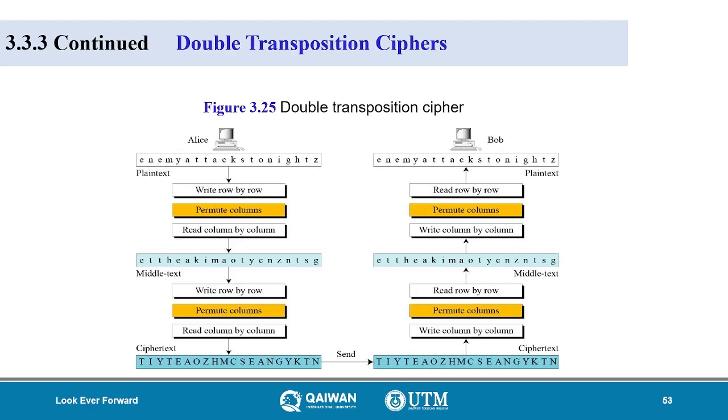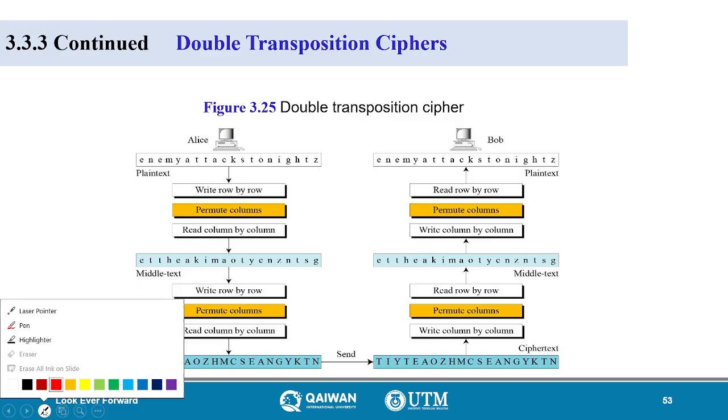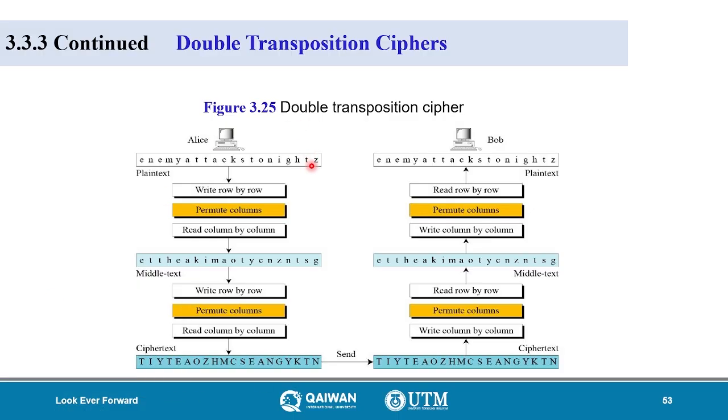Double transposition ciphers. In figure 3.25, a double transposition cipher, we have the words "enemy attack tonight". We added Z to the end. Now you write row by row, then permute the columns, then read column by column.